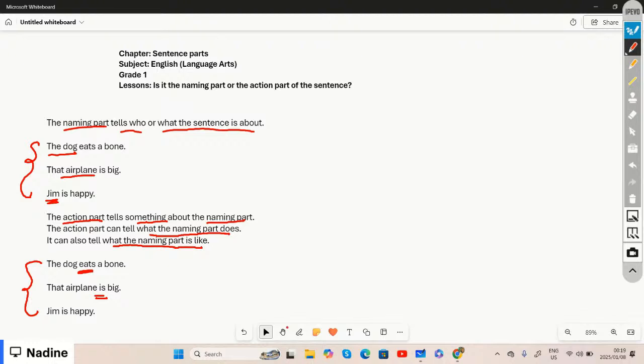So Jim is happy. And if we were to identify the action or something that either tells us what Jim does or what Jim is like, then we just say is happy, that tells us what he's like, because happy is an adjective.